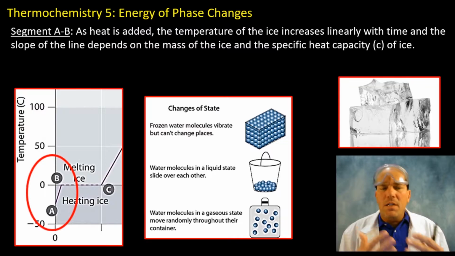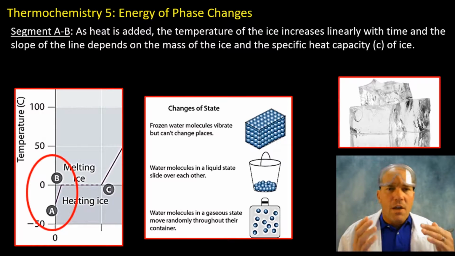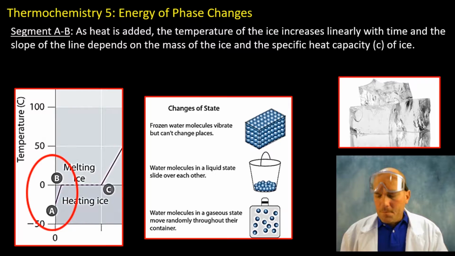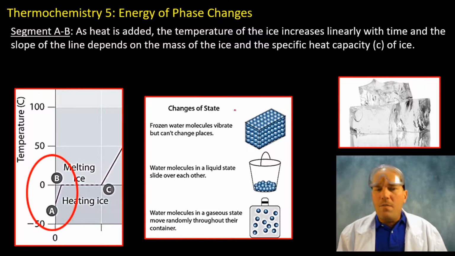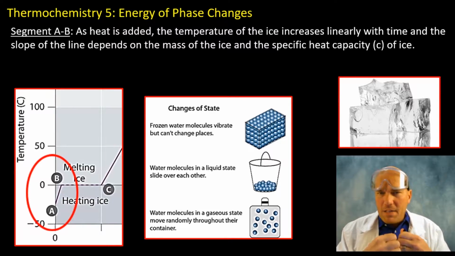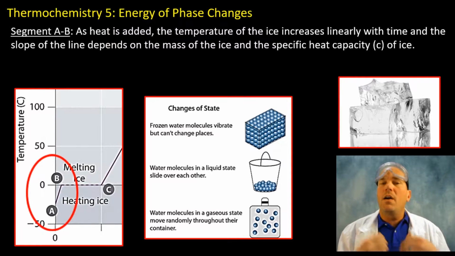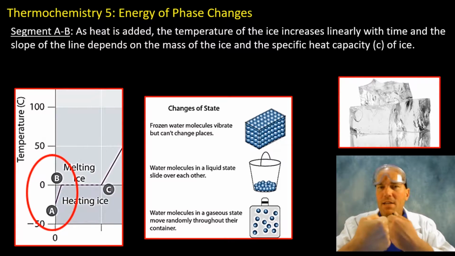Okay, so we're going to look now at A to B, and we're going to talk about what's occurring during this particular phase where water is ice. In its ice form, we have the molecules. Now, recall that the molecules are vibrating, but they cannot move relative to each other. In other words, they are unable to change places. They're unable to slip by each other.